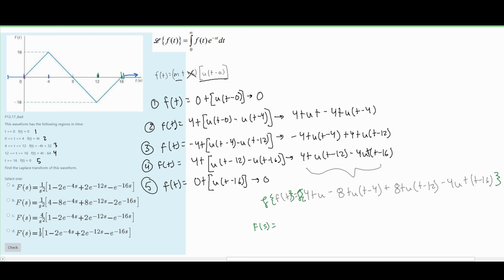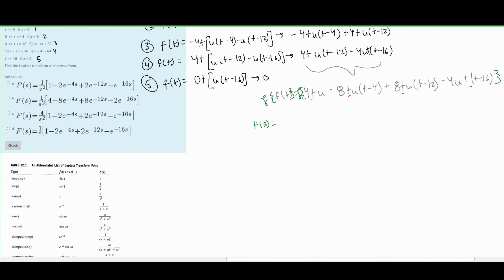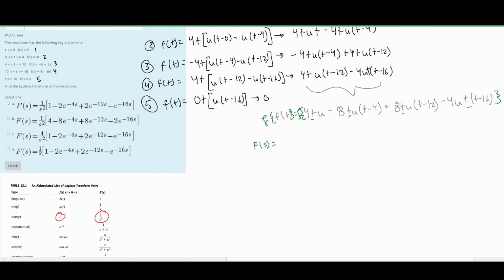Well, we can see that all of our values here have a t right here, right here, right here, and right here. And we know the Laplace transform of a t is just going to be 1 over s squared. So we're going to look at our chart, and we're going to see 1 over s squared. This chart can be found in the notes linked below the like button.